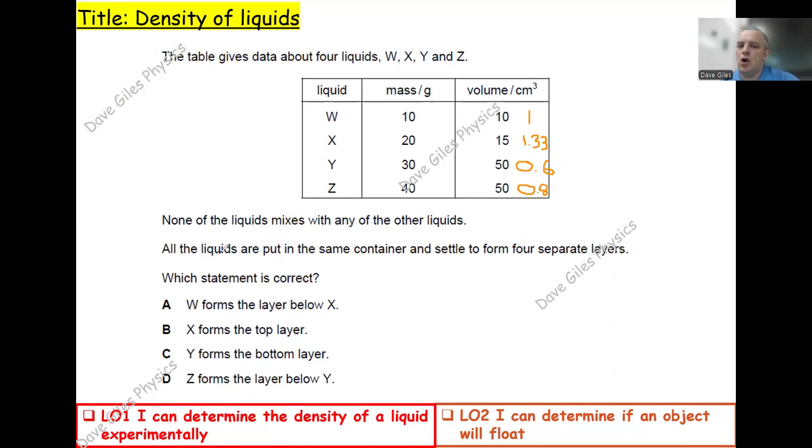Okay, so let's go through the statements. W forms the layer below X. No, W will be above X because W is less dense. X forms the top layer. Well, actually, X will form the bottom layer because it is the most dense liquid. Y forms the bottom layer.